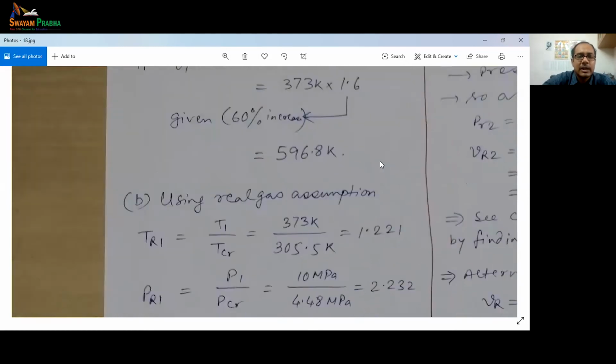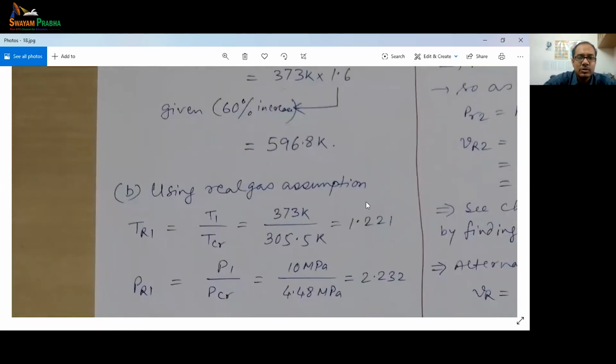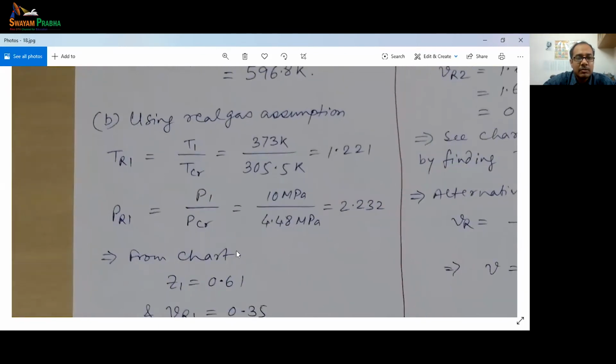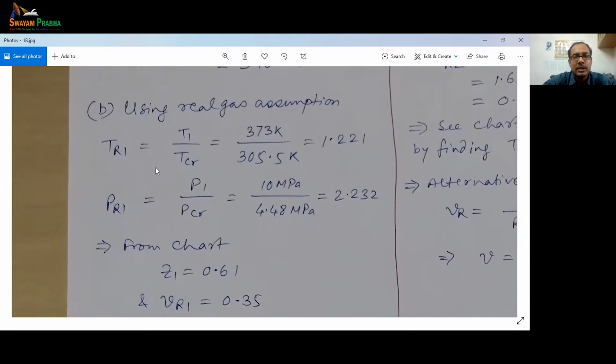Now let's get real and use the real gas assumption. As you have seen in the earlier problem, we have to find the reduced quantities, reduced temperature and reduced pressure, to use the generalized compressibility chart. So TR1 is T1 divided by TCR, and that will be equal to, with the TCR you have looked up, 305.5 Kelvin.